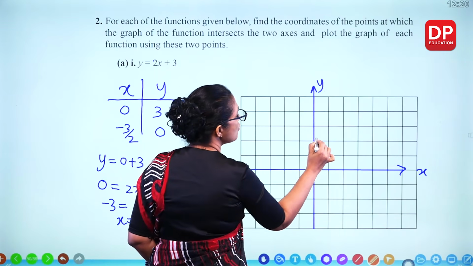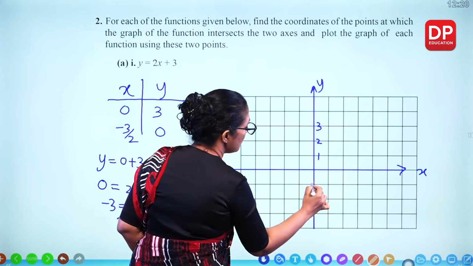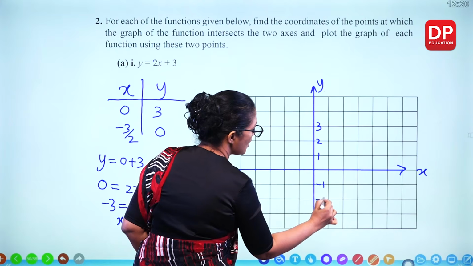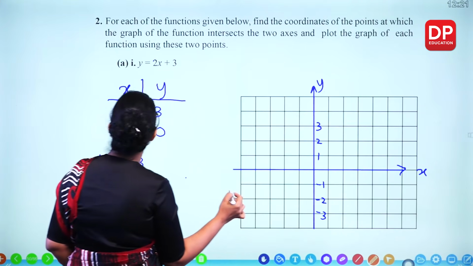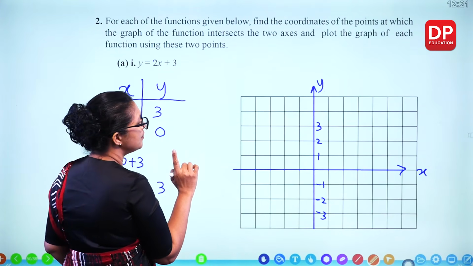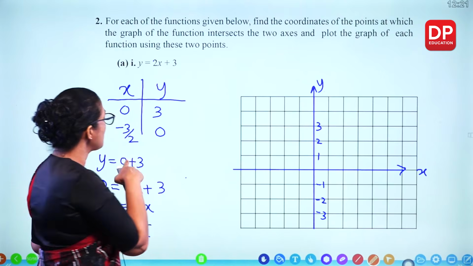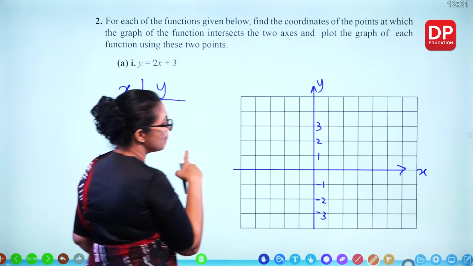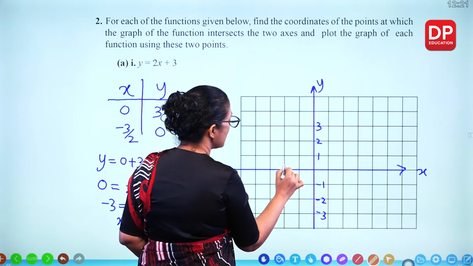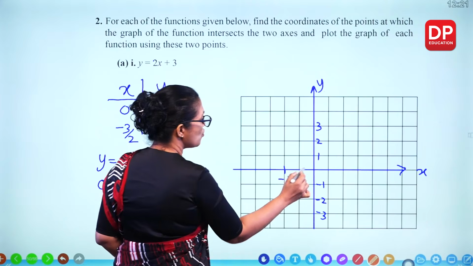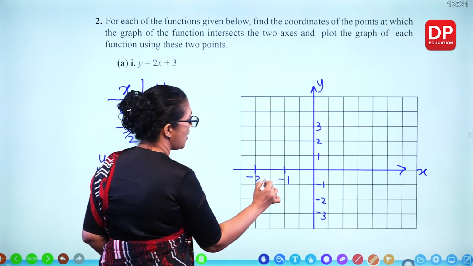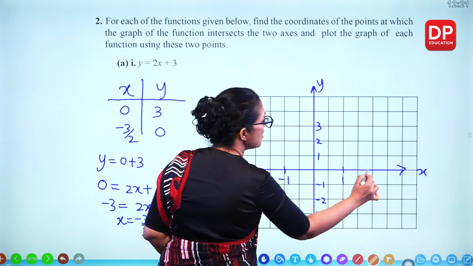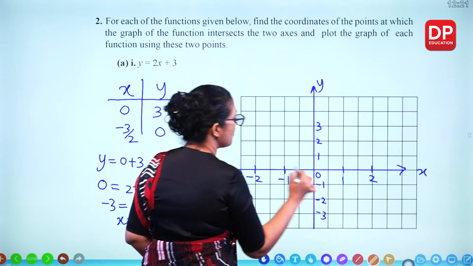So 1, 2, 3. You take minus 1, minus 2, minus 3. This side, this is minus 1.5. So you will take here 2 squares 1 unit, minus 1, minus 2. 1, 2. This is 0.